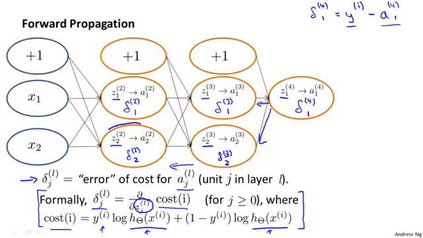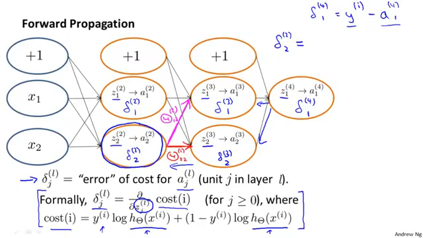Let's look at how we end up with this value of delta 2,2. Similar to forward propagation, let me label a couple of the weights. This weight, which I'm going to draw in cyan, let's say that weight is theta 2 of 1,2. And this weight down here, let me highlight this in red, that's going to be theta 2 of 2,2.